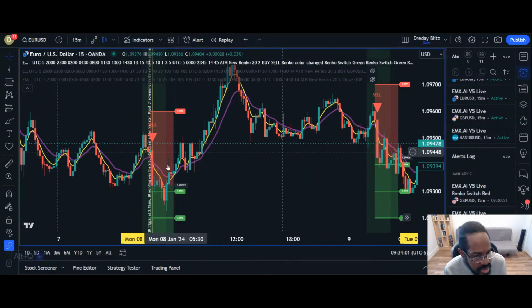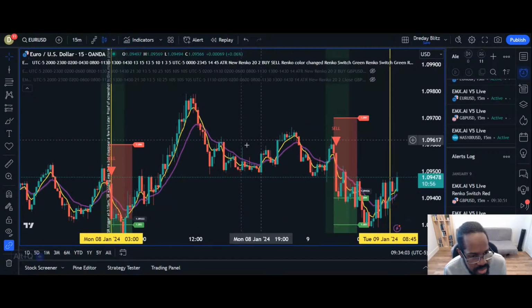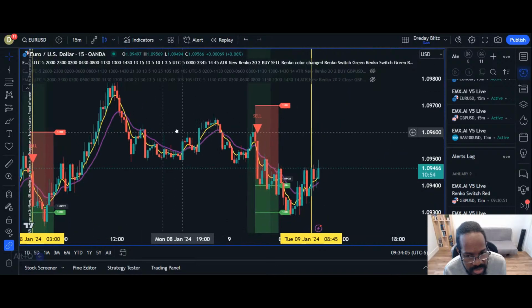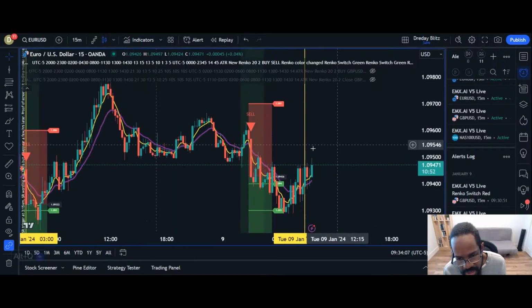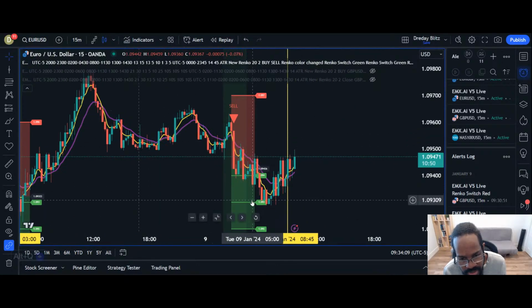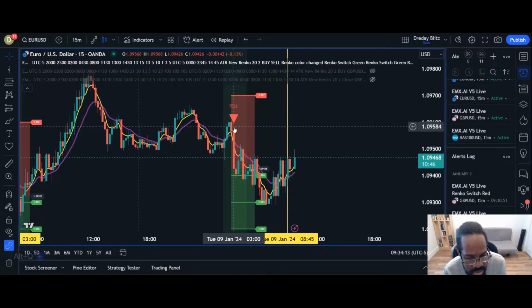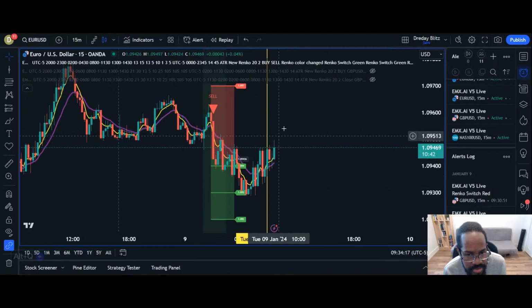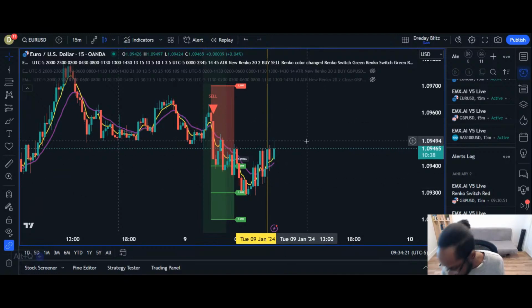So we had a sell setup here, fortunately lost. Then you had a sell setup at London this morning that went to TP2. The entry was at 3. So at this point, you should be out of the trade.